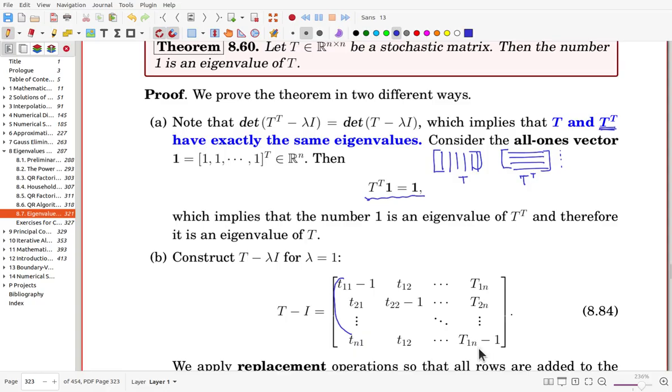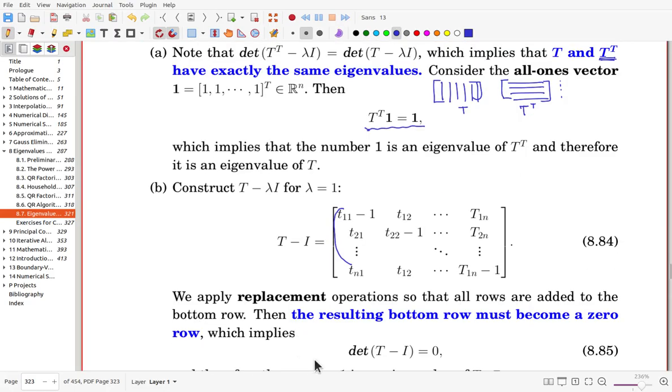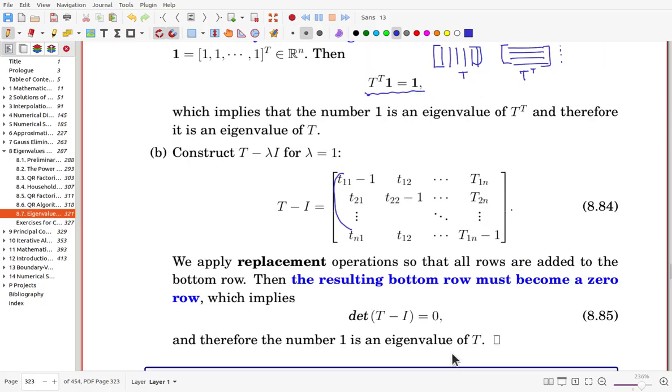With these operations, the determinant must be 0, because one row is completely 0. Its determinant is 0. But the determinant is the same as the determinant of T minus identity. That means the determinant of T minus identity is 0. This implies that 1 is an eigenvalue of T. So by using the second method, we proved that.